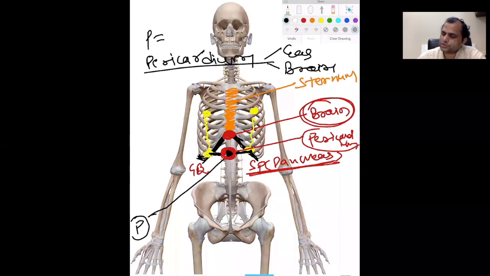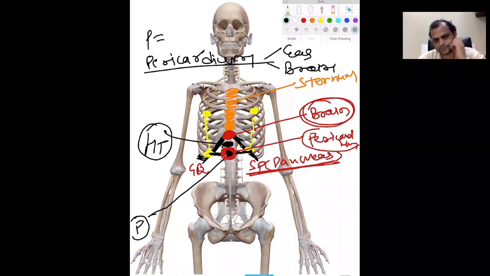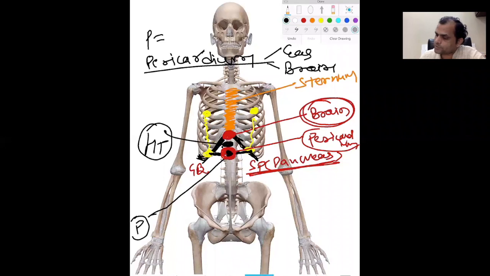If we take one more point in the center, in between, that is the point of heart. That is the point of heart. Let's see once again, because this may seem a little complicated, but it is not complicated, it's very easy. Let's see once again.